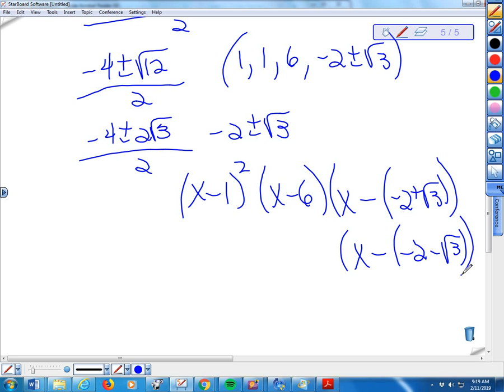Okay, what I want to show you is what this graph looks like.